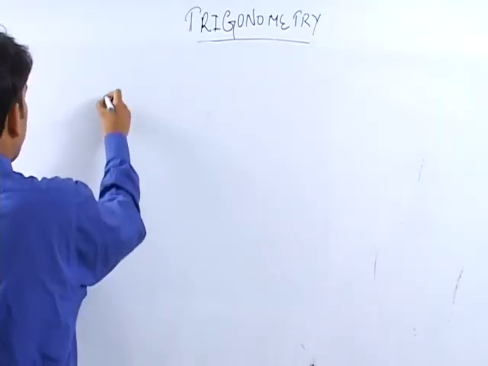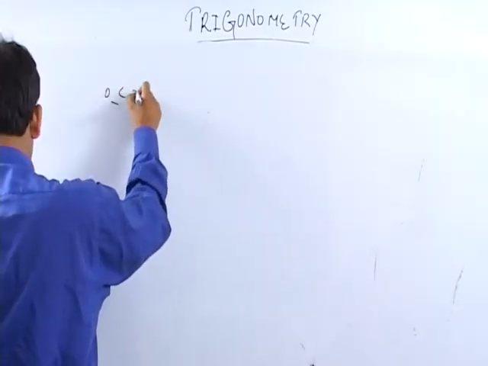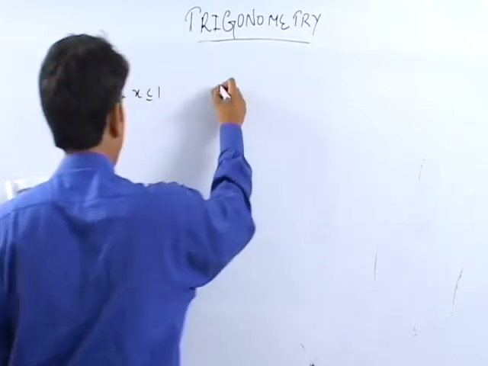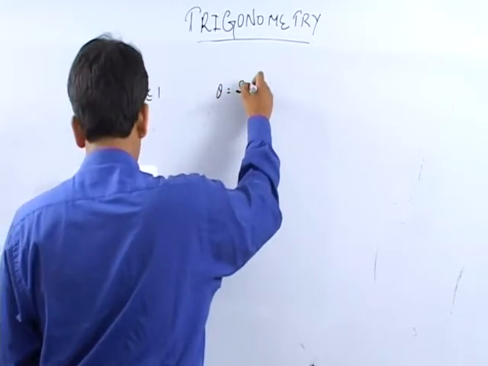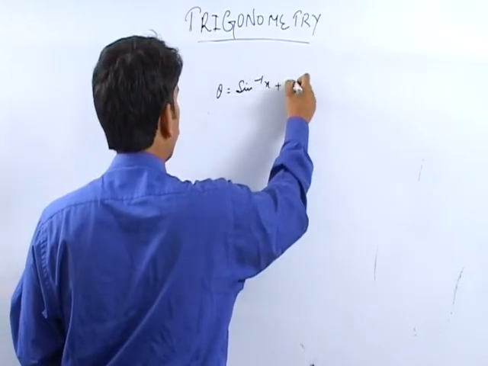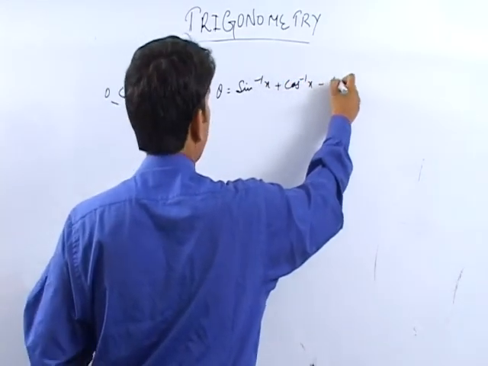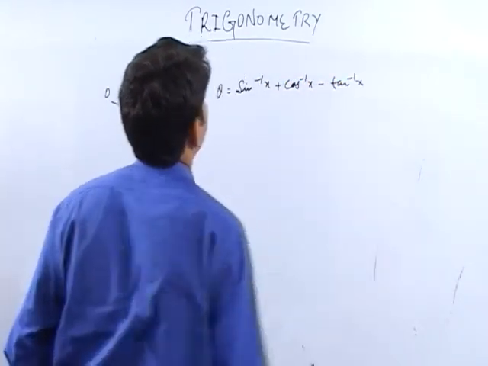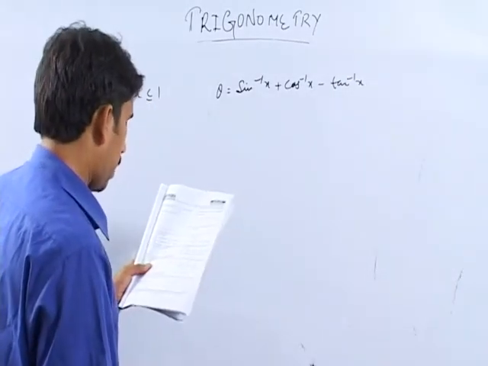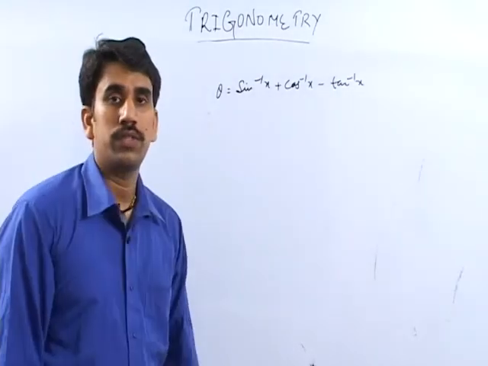And we are given that if x lies between 0 to 1 and theta is equal to sin inverse x plus cos inverse x minus tan inverse x, you have to find out the value for theta.